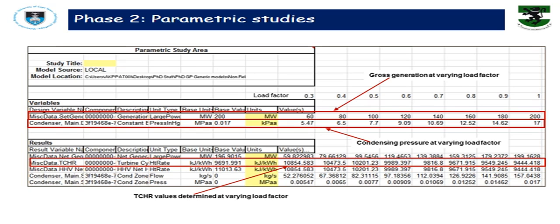With the help of that model, we're able to generate the condensing back pressures that we used as the variables here. So the key results that we looked at here, the thing that was highlighted there, you can see the TCHR values that were determined at the various generation levels. So the simulation is done with the help of the parametric study feature.